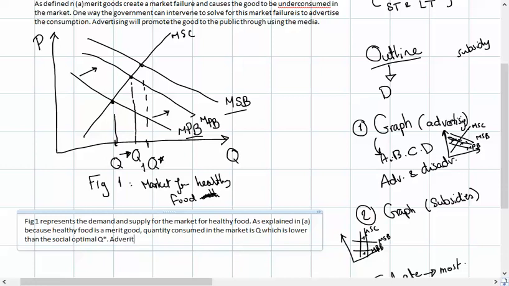Advertising will increase the demand for it first.